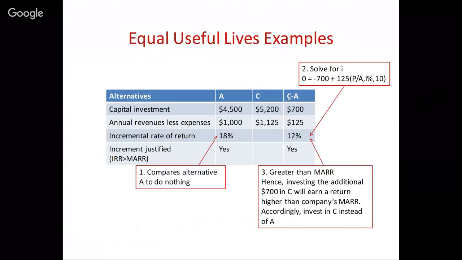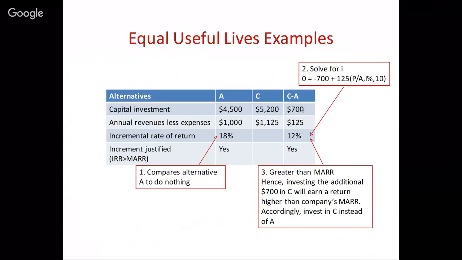I'm simply going to subtract the cash flows for A from the cash flows for C. So you'll notice alternative C requires an additional investment of $700 over alternative A. And the payoff for those extra dollars is that C delivers $125 more revenue, less expense each year than A does. So the question is, would we invest if we had $700 extra to invest?